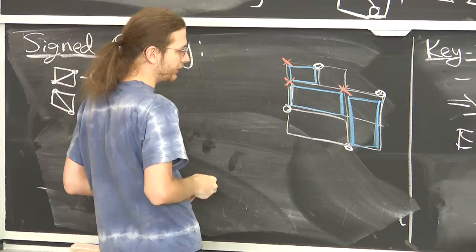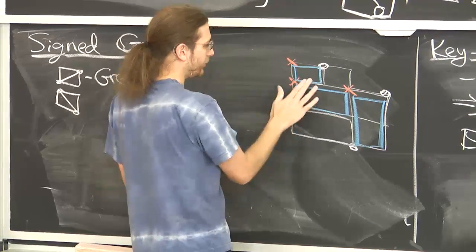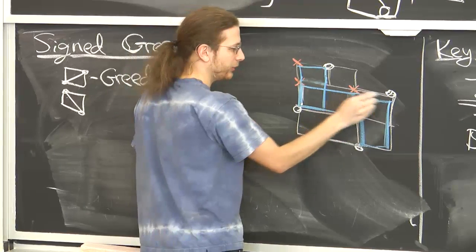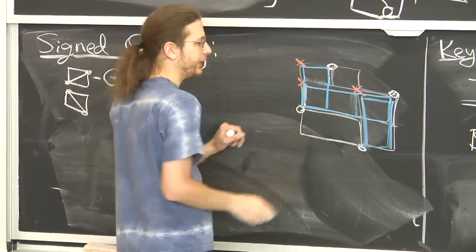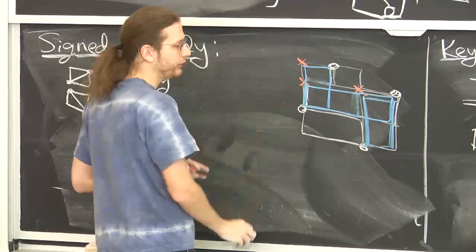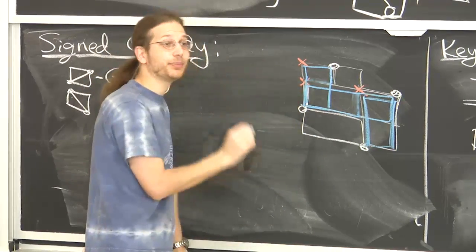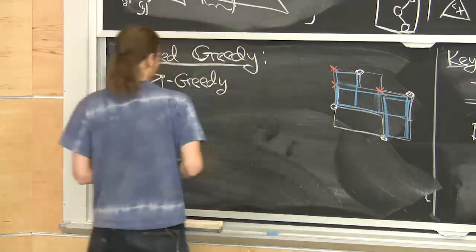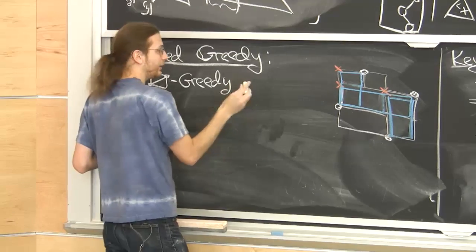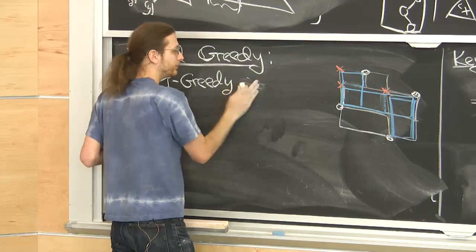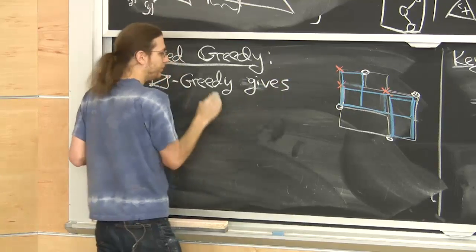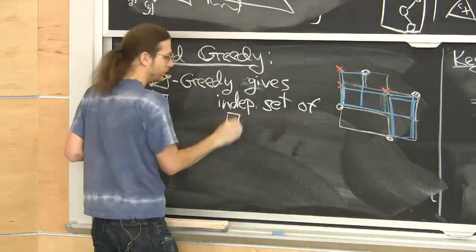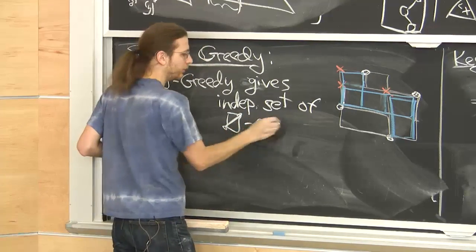That's a little awkward because they're not on the original points. So I can change them a little bit, maybe move this one down to here, and move this one over to here. Okay, you could say that those rectangles came from those points. Then this is a set of independent rectangles on the original points. Okay, maybe not totally obvious, but plus greedy will always give you an independent set of plus rectangles.